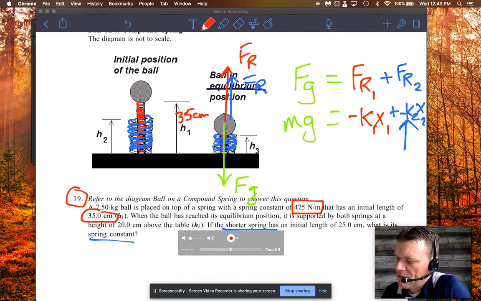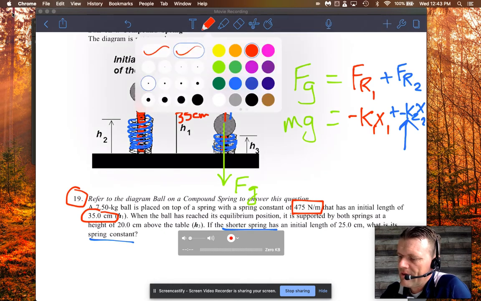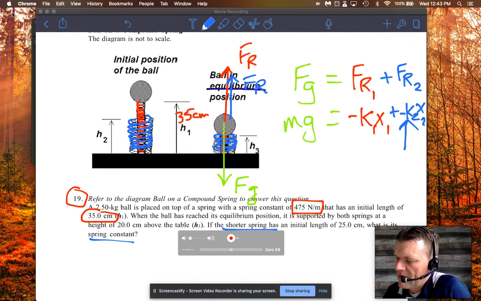And the blue spring looks like it was initially at 25. Okay, the shorter spring had an initial length of 25 centimeters, but it's squished down to height number 3. Height number 3 is 20.